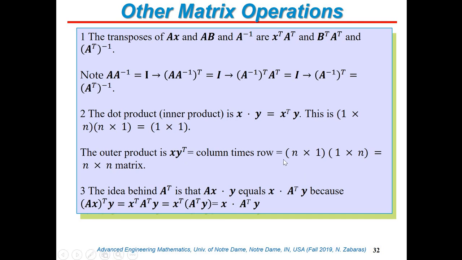So if X is a vector n by 1 and Y is also n by 1, Y transpose will be a vector 1 by n, and you notice the product becomes a matrix n by n, okay? So X Y transpose, we call it the outer product of two column vectors, and it is a matrix of dimensions n by n.